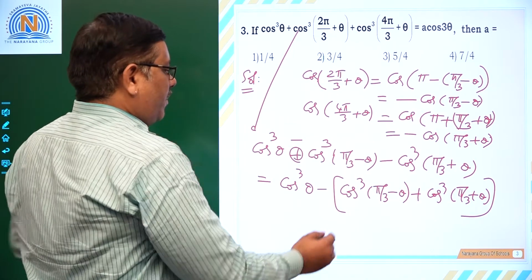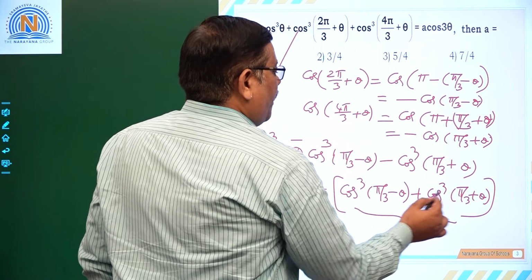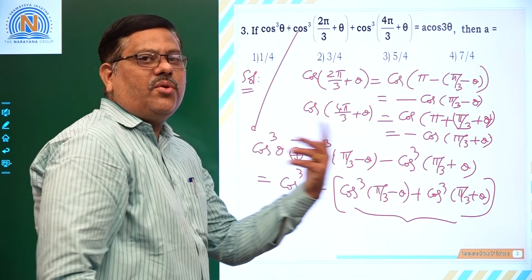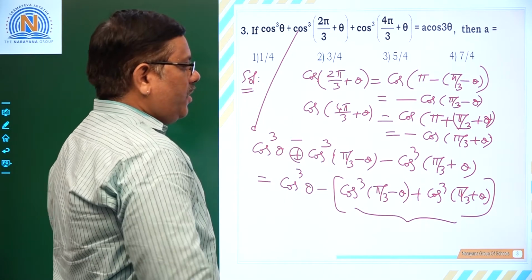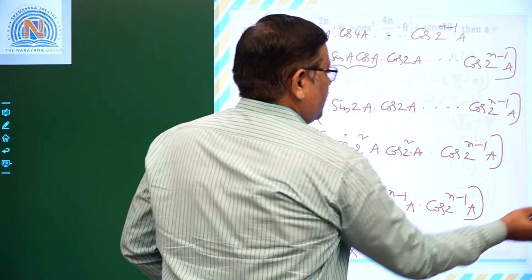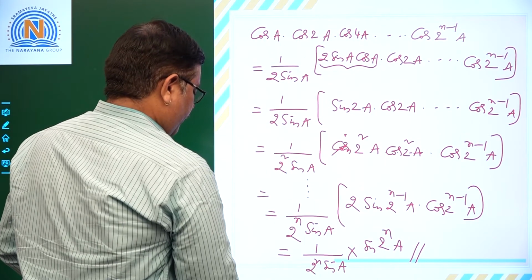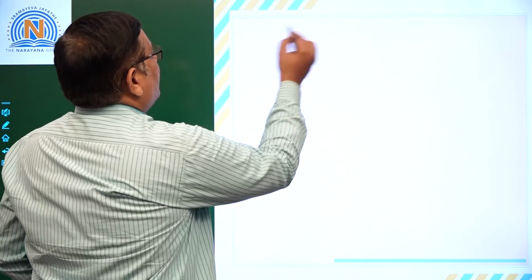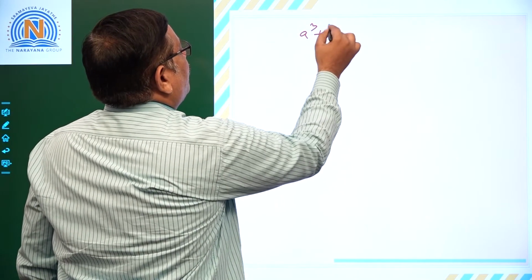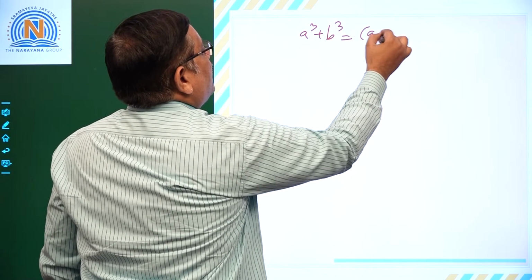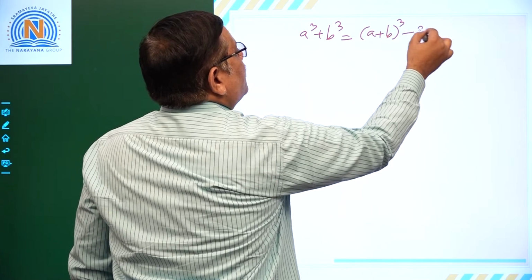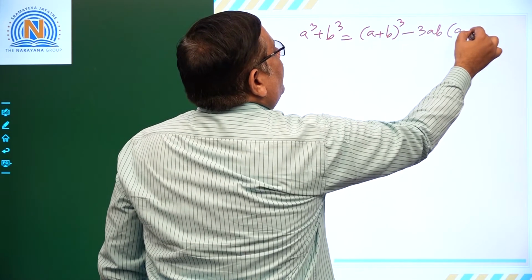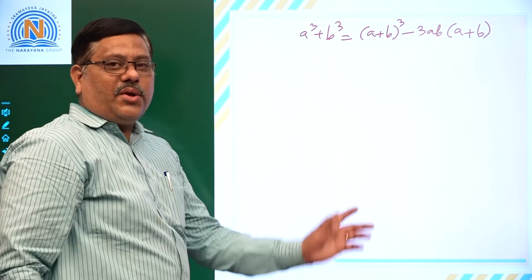So here it is in the form of a cube plus b cube. How can you write a cube plus b cube? Let us use this space. Whenever you have a cube plus b cube, that can be written as a plus b whole cube minus 3ab times a plus b. That is how we can write a cube plus b cube.